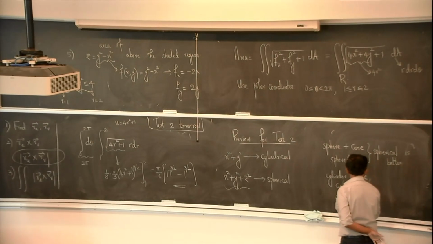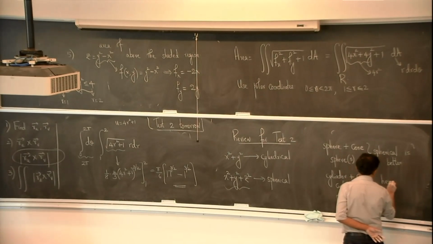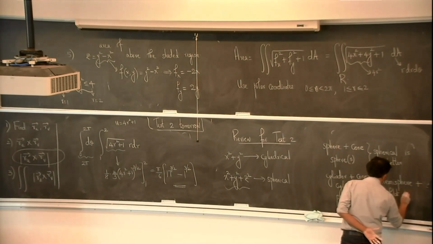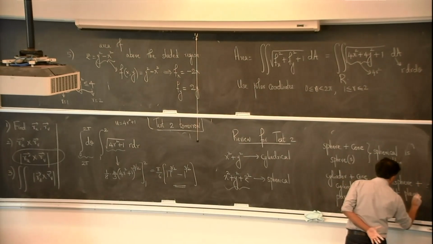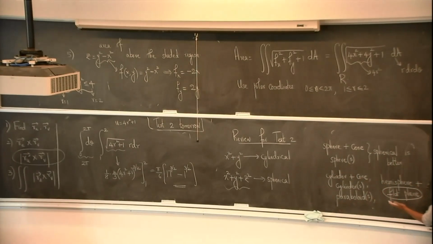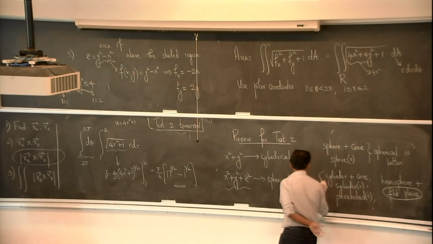And this, and a hemisphere and a plane, a flat plane. Anytime there's a flat plane with some of the curved surfaces like a paraboloid or a hemisphere, in all these cases, it's usually easier to use cylindrical coordinates.